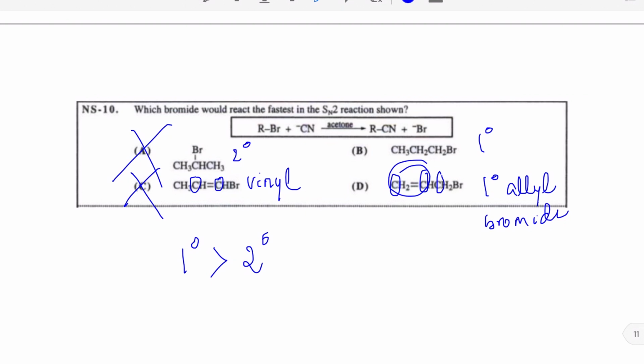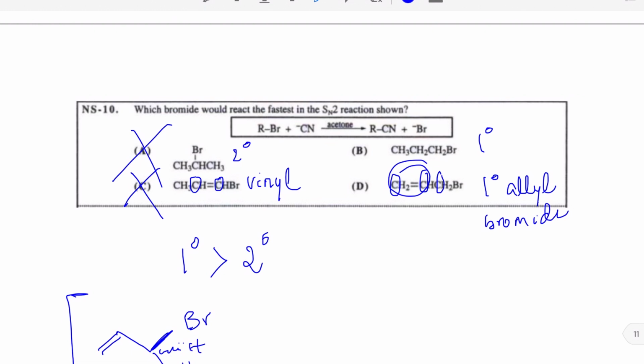So if we were to draw out the structure of this reaction, let me just apologize, that's dash notation here.